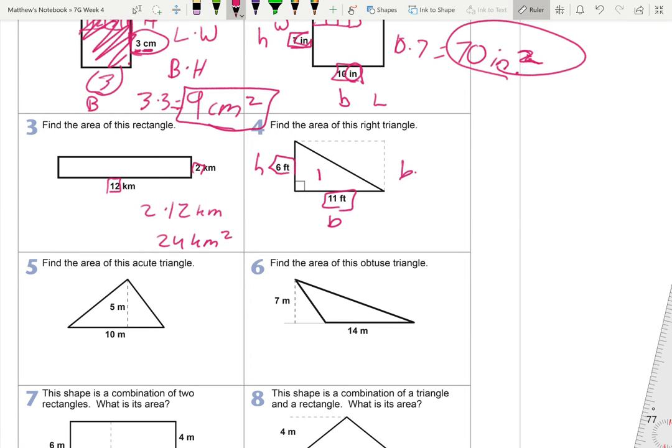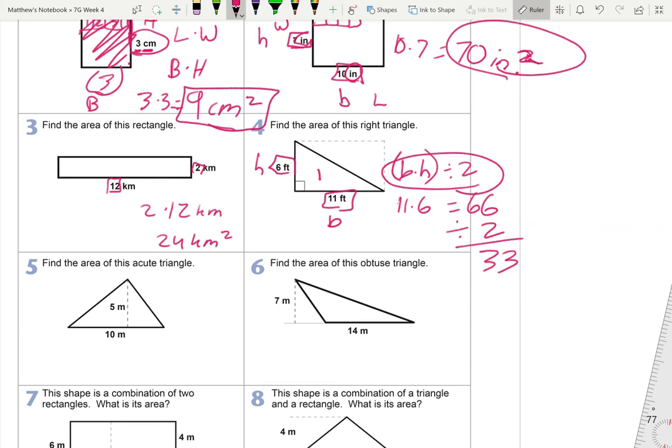And so we're going to do 11 times 6 to get 66. But now we're going to add this other part to it, which is dividing by 2. All right, so we're going to divide 66 by 2. This is the area for a triangle, base times height divided by 2. So 66 divided by 2 gives us 33.